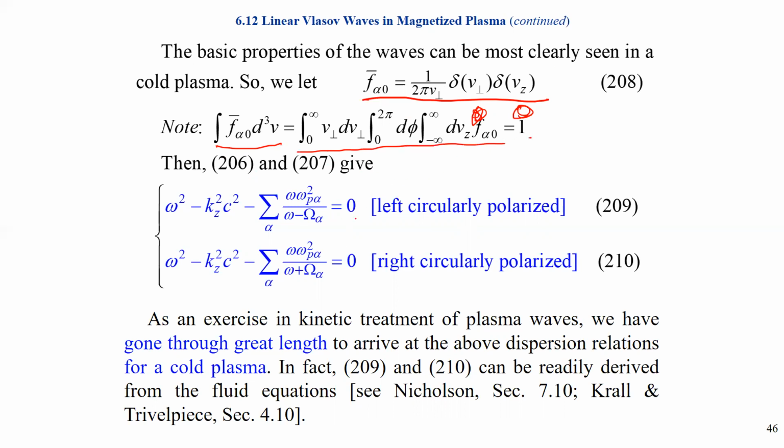Therefore, these two equations reduce to these two cases: right circularly polarized, left circularly polarized. The simple equation. And alpha here just represents electron or ion. If you have more than one ion, a positive ion and a negative ion, we sum over all alpha.